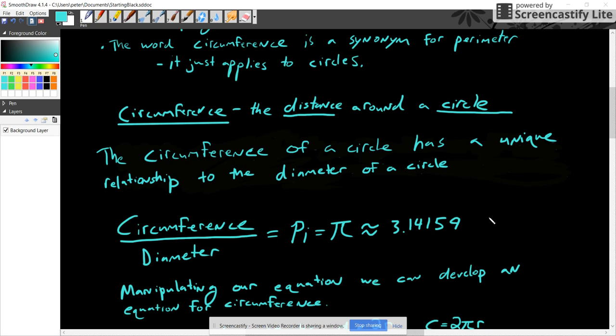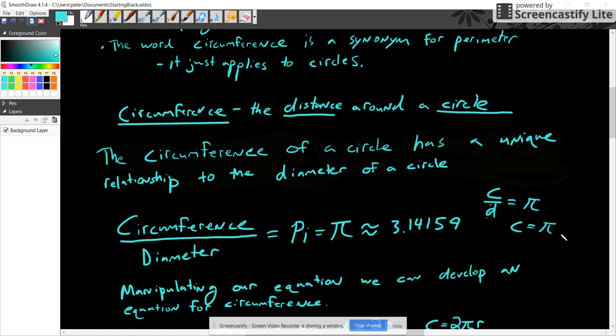When we manipulate this around, C over D is equal to pi. I can move this around and say C is equal to pi times lowercase d.